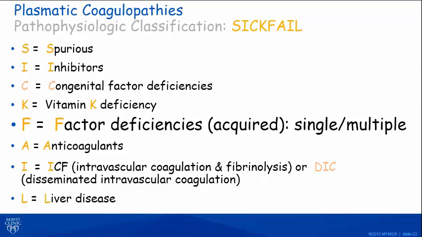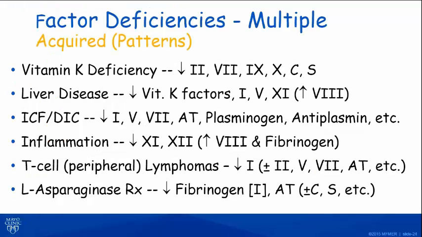A little word on other factor deficiencies that are acquired. Some of these are patterns, and some of them can be single factor deficiencies. Usually with a single factor deficiency, one thinks about hereditary congenital, but it can be a manifestation of an acquired disorder. Here are some patterns.